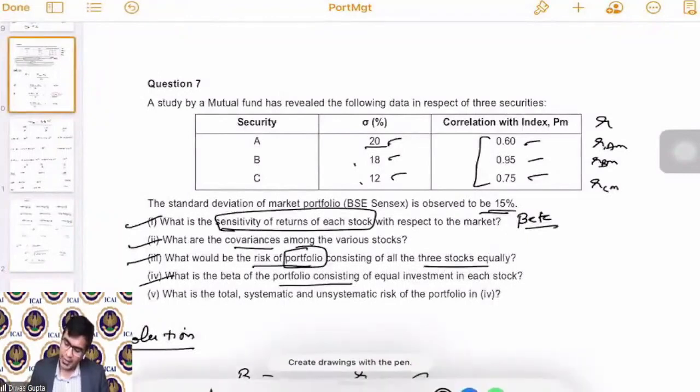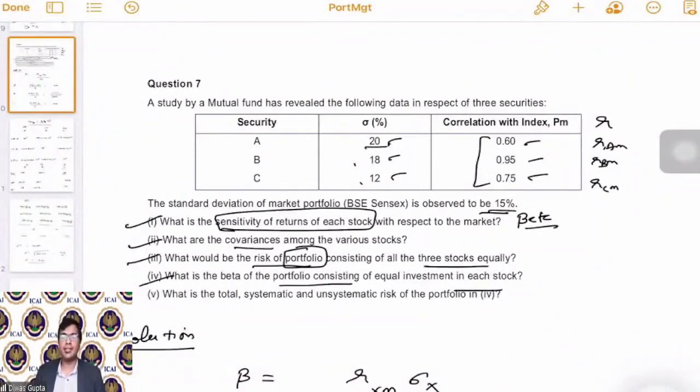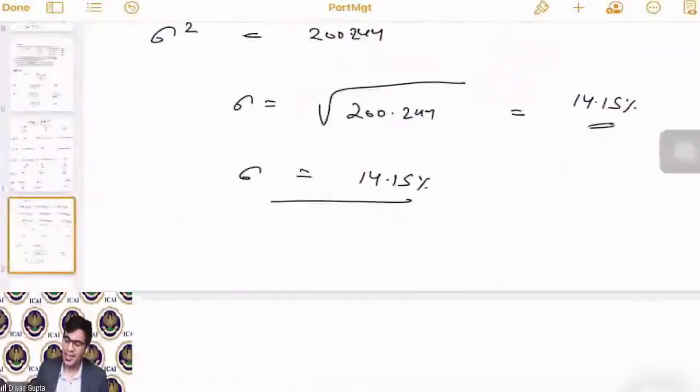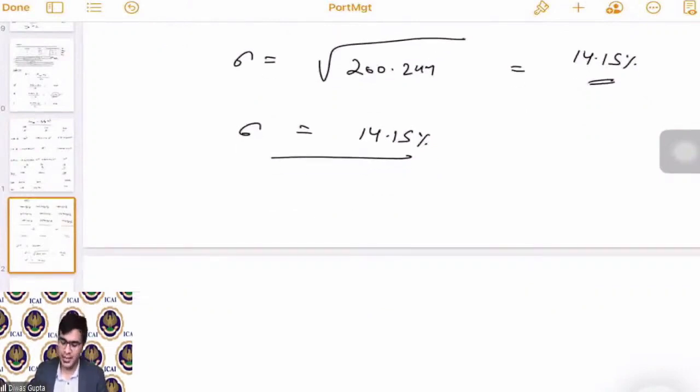Now the fourth part is asking what is the beta of a portfolio consisting of equal investments in each stock. Now we have already studied how to calculate a portfolio beta. Portfolio beta is nothing but a weighted average of the respective securities' betas, multiplied with the respective weights. Correct?